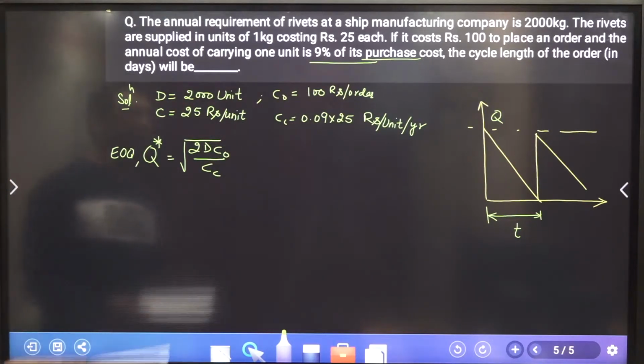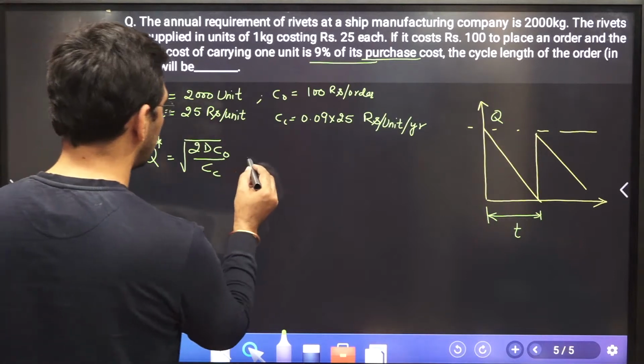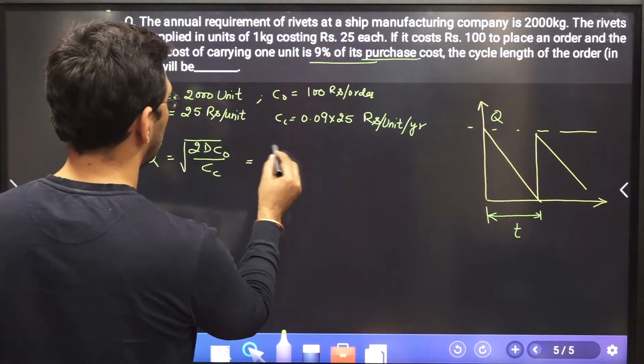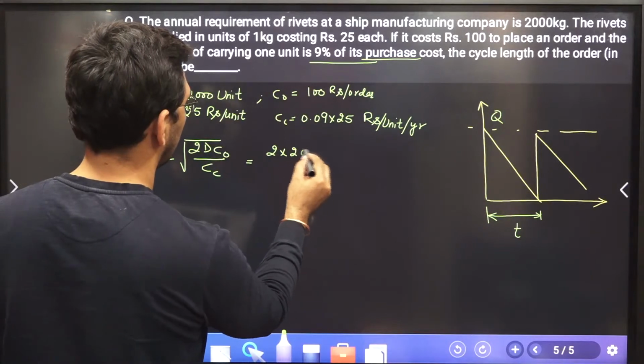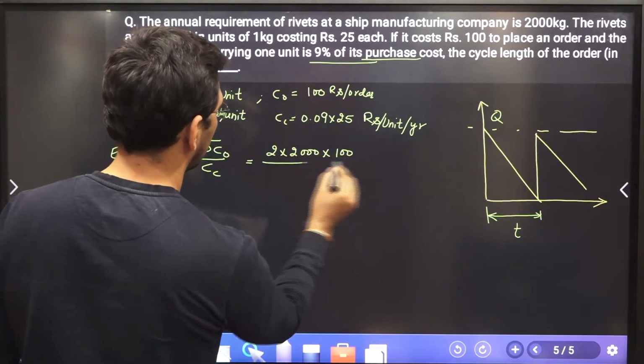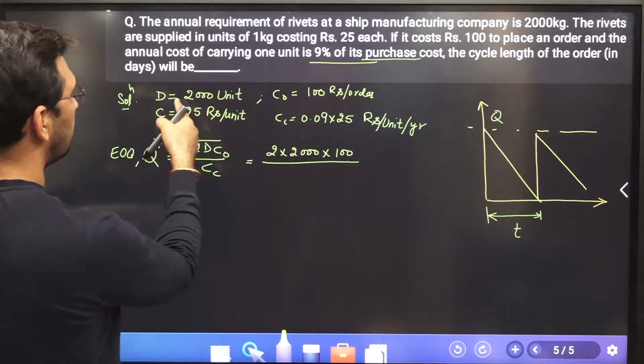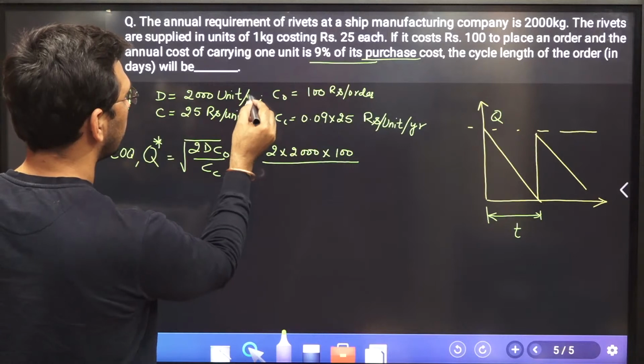That's all. Now, if that is the correct interpretation, the rest is just inputting the values. Annual demand 2000 units, ordering cost 100 rupees per order. The carrying cost, this is annual, so keep in mind this is units per year.